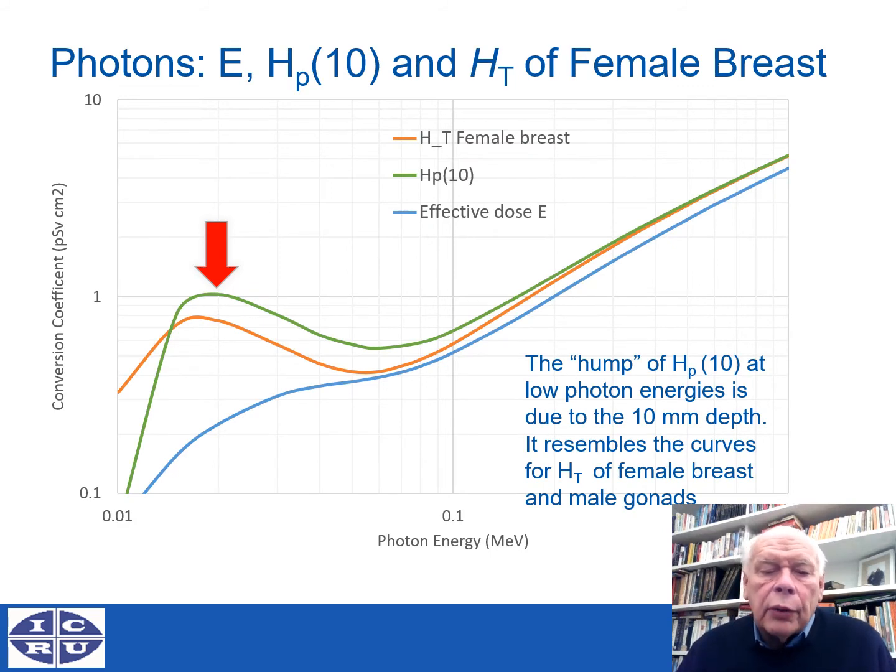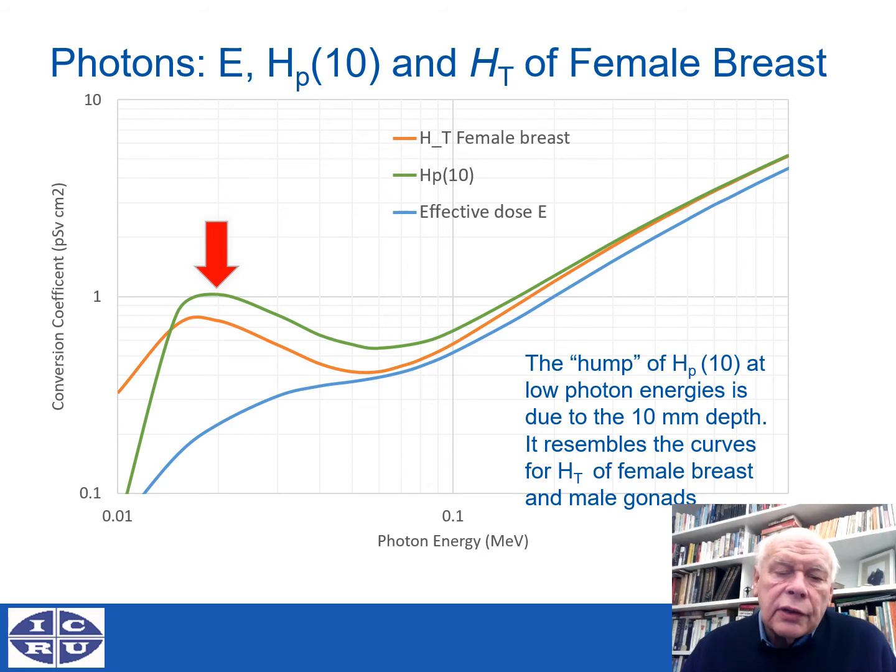And you probably noticed in the previous slide that there's a bump in the curve for HP10. This is reproduced here as the green curve. The effective dose is shown here as the blue curve. And the question is, why does the personal dose equivalent overestimate effective dose at these low energies by so much?